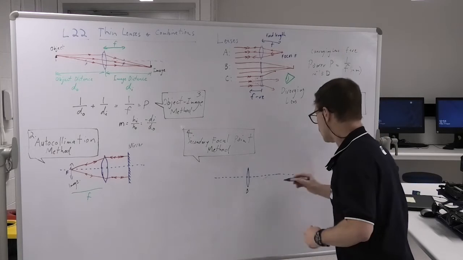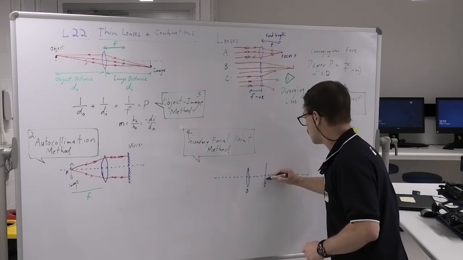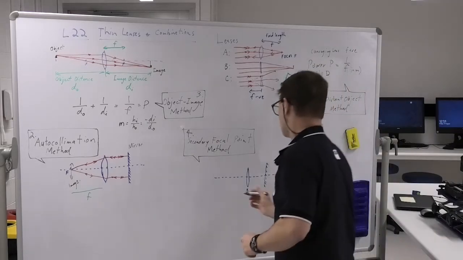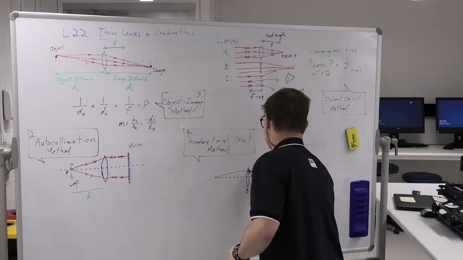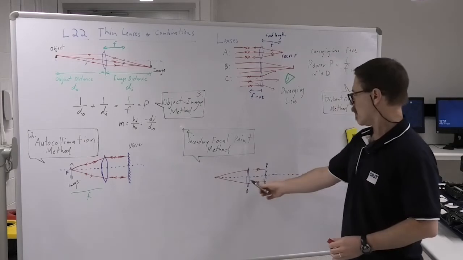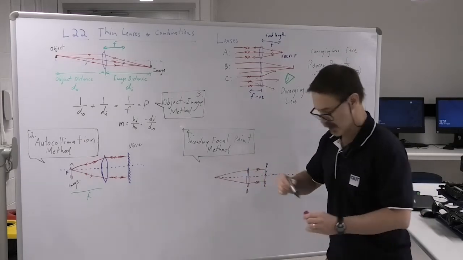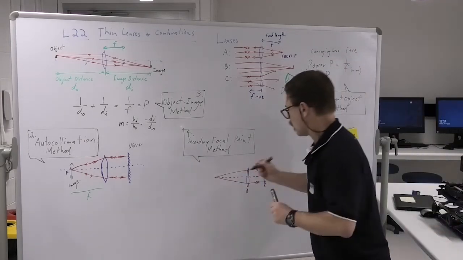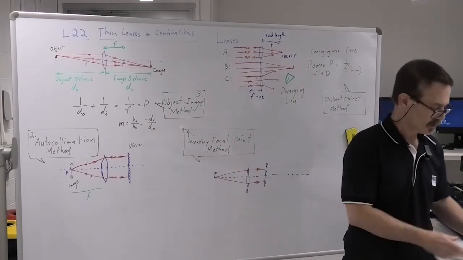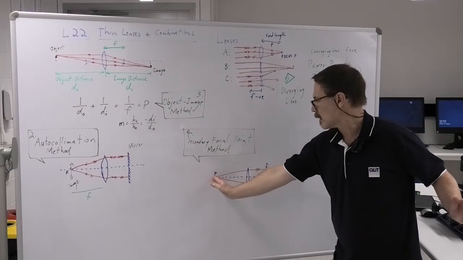We're going to put in a mirror. So that when B is right on the focal point, you'll get a sharp image back here.